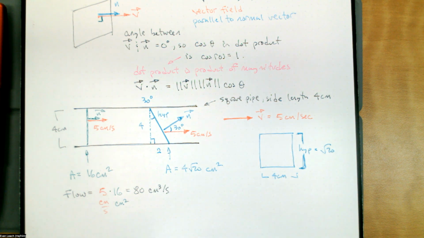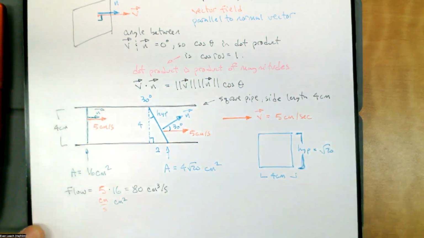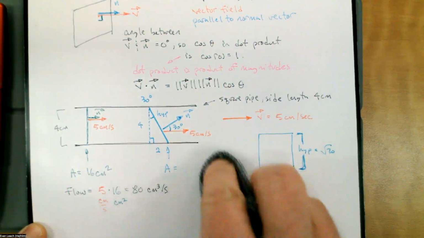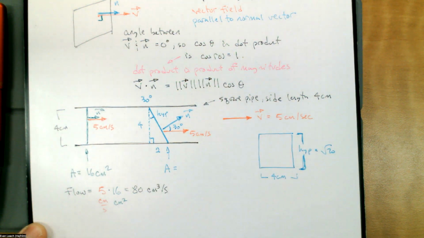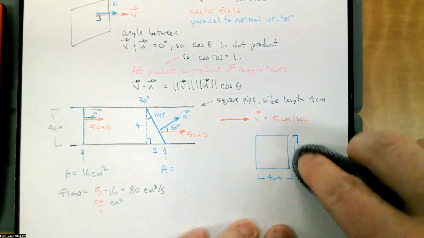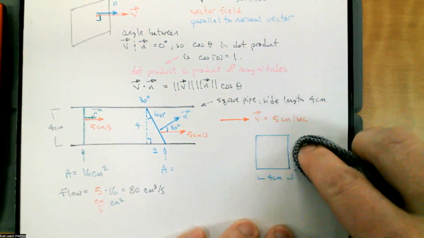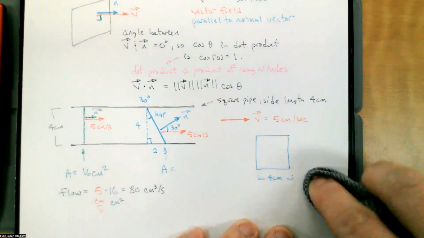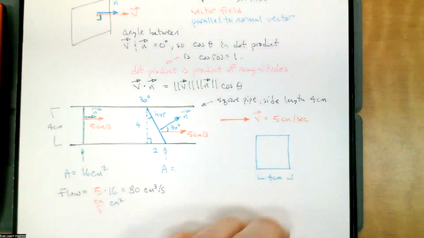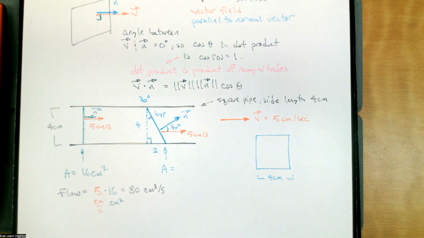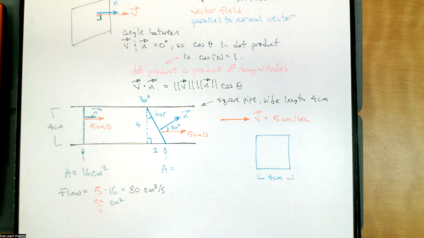No, 3, 4, 5 is a 37. Two is the hypotenuse, not the long side. Dang it. Oh, this is not a 2 down here.